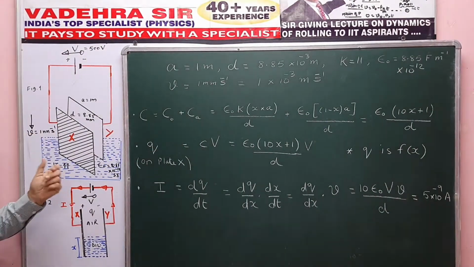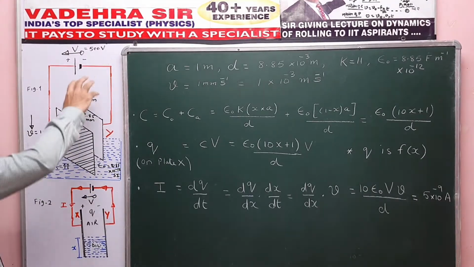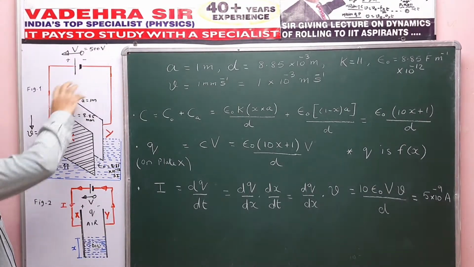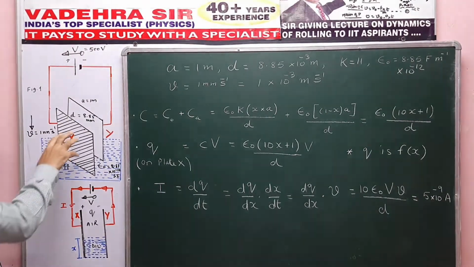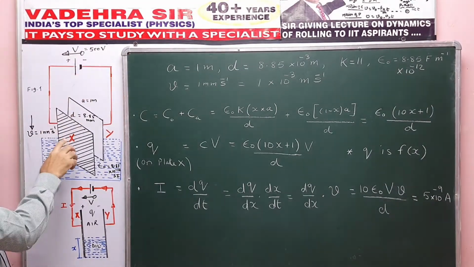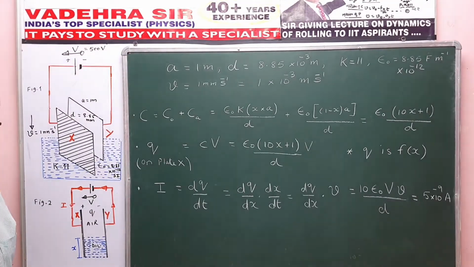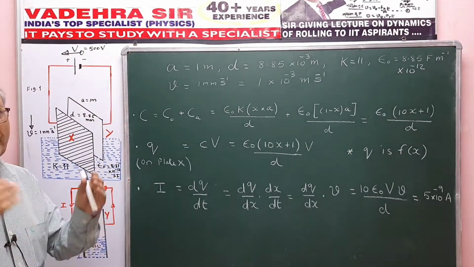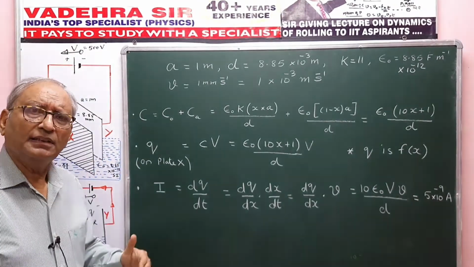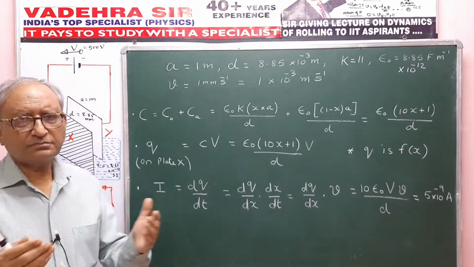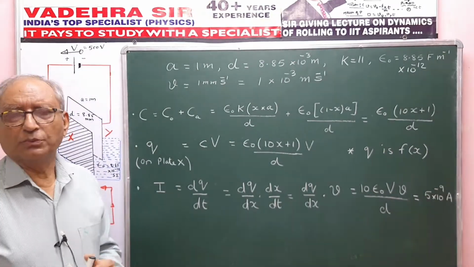As the capacitance is increasing, the PD is maintained constant. So this means automatically charge will flow more and more from the cell and accumulate more and more on the plate X. Of course, if at any instant the charge on the plate X is Q, then on the plate Y will be minus Q.